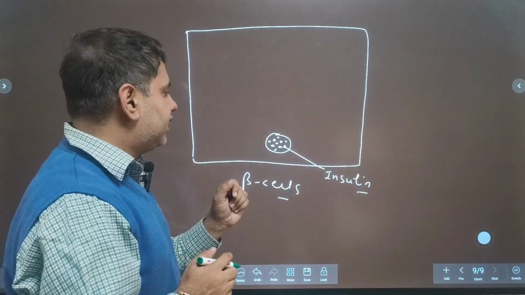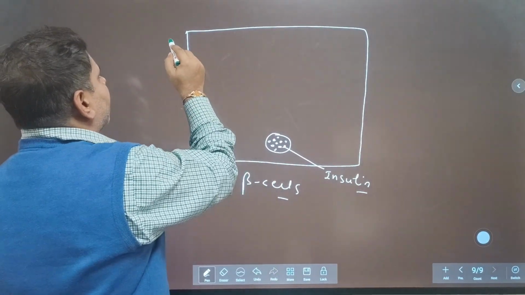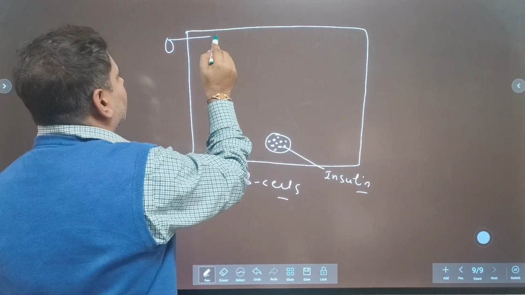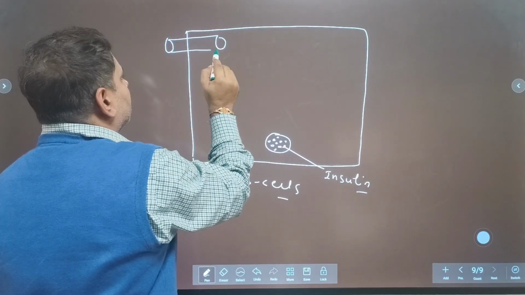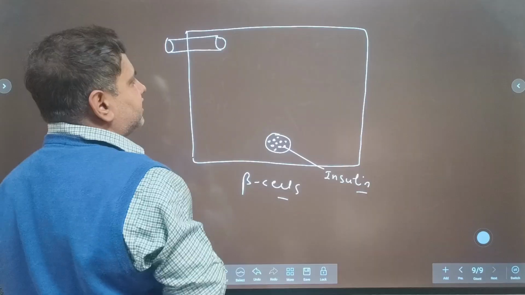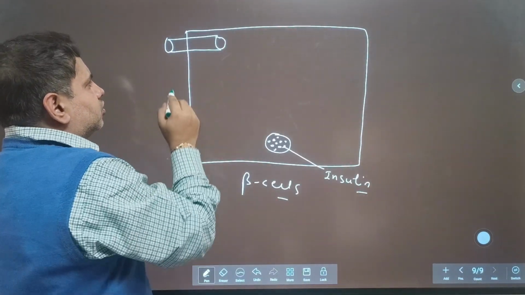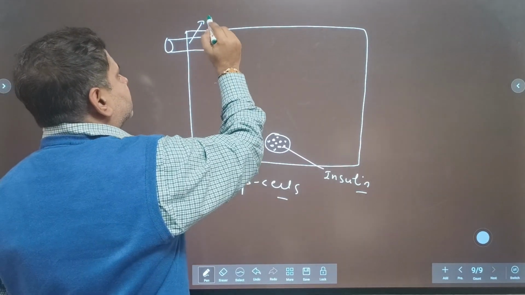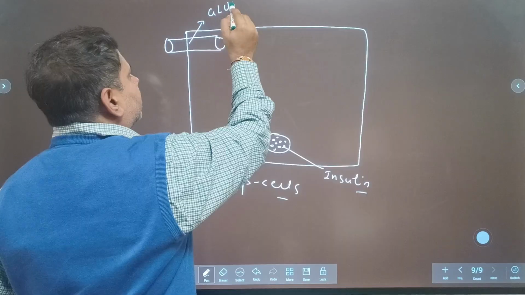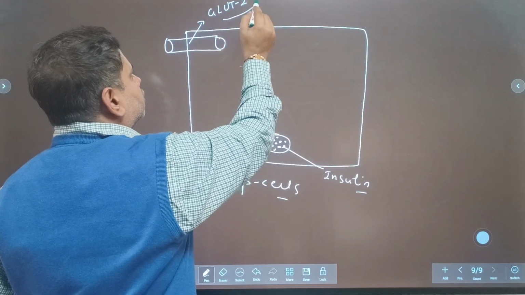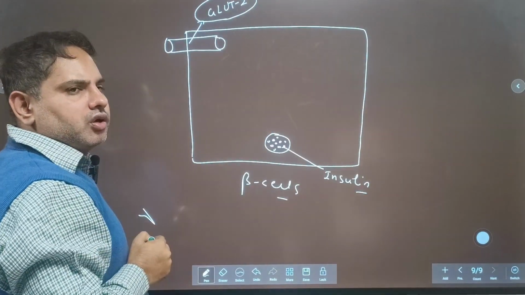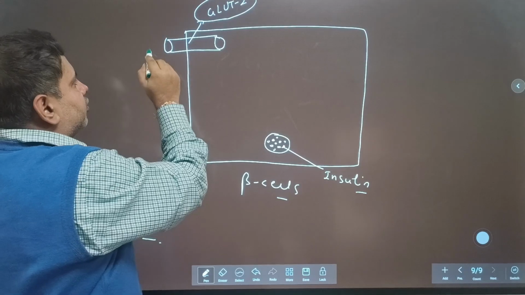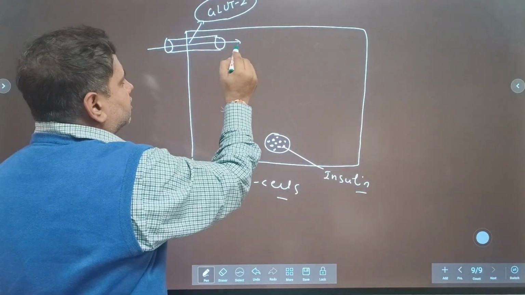There are channels for the glucose, which we call GLUT2, glucose transporters. GLUT2 are the transporters for the glucose molecules.